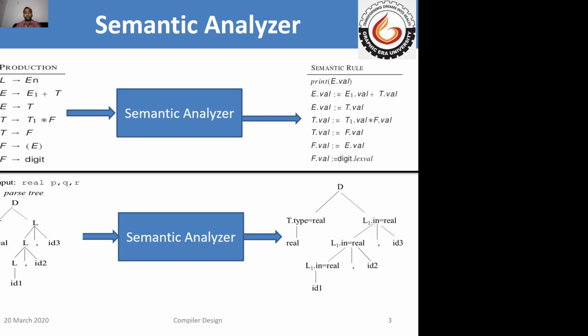And finally, the last is F generates digit. So how will it look? F dot val equals digit dot lex val, which means digit dot lex val is any lexical value from the lexical phase which was stored in the symbol table, and now it is retrieved from the symbol table and placed on F dot val.